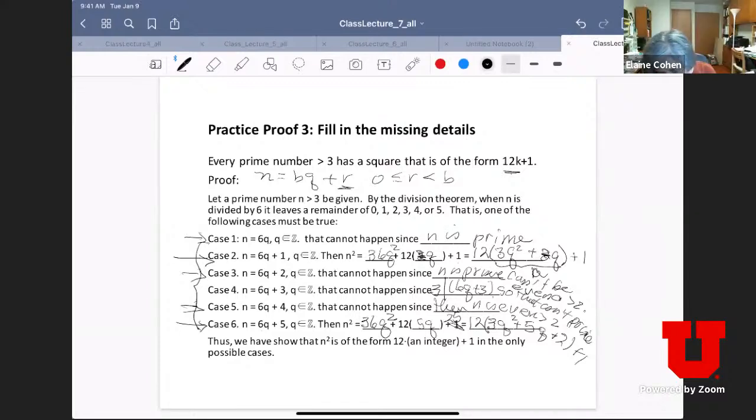The key here, remember, is that you've got to have this 12k here. And if you were to divide by something other than 6, would you have a 12k? See, in each of these cases, when you do the multiplication, you can factor out 12 times an integer plus a remainder.